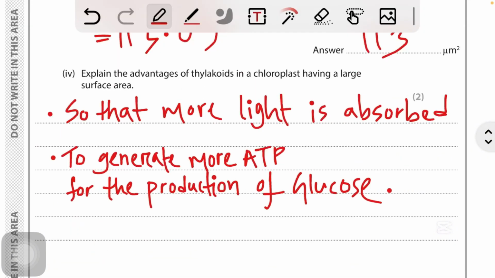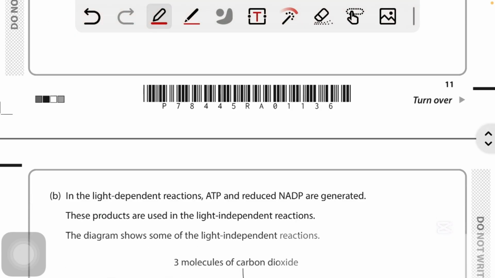So this is the answer: more light is absorbed to generate more ATP for the production of glucose. Now let's go to the next question.